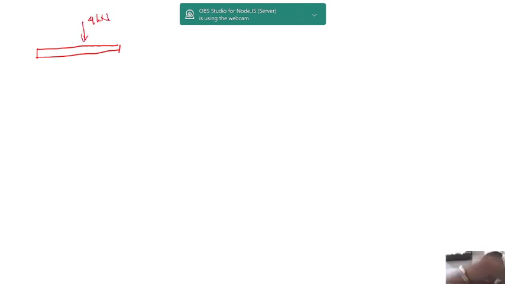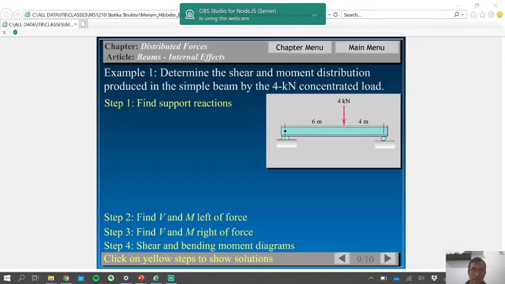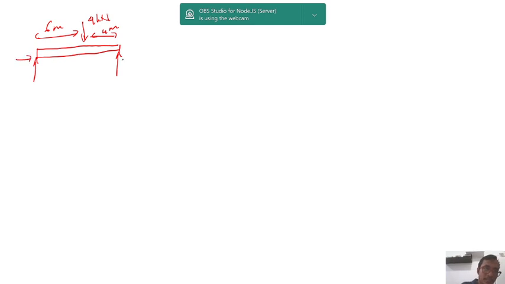Four kilonewton is 4 meter here, 6 meter here, and there will be reactions like this and like this. Okay, AY, AX, BY.